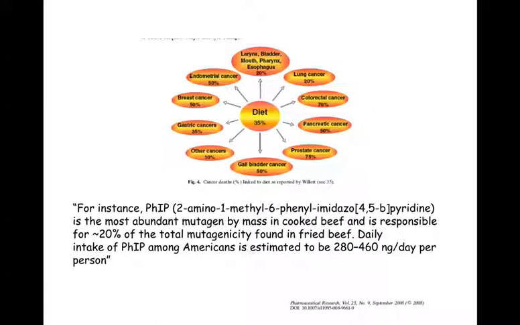Boy, I can't say that word, sorry. So, McDonald's, for example, fries their beef. Daily intake of PhIP among Americans is estimated to be 280 to 460 nanograms per day per person. So there that is. Maybe we should all be vegetarians.